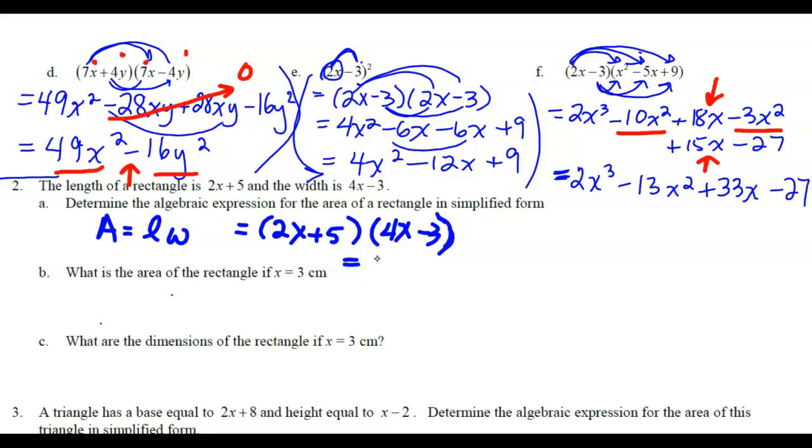The writing's a little bit big here, but you should have 4 terms: the 2x into everything in the second bracket, and then the 5 into everything in the second bracket.